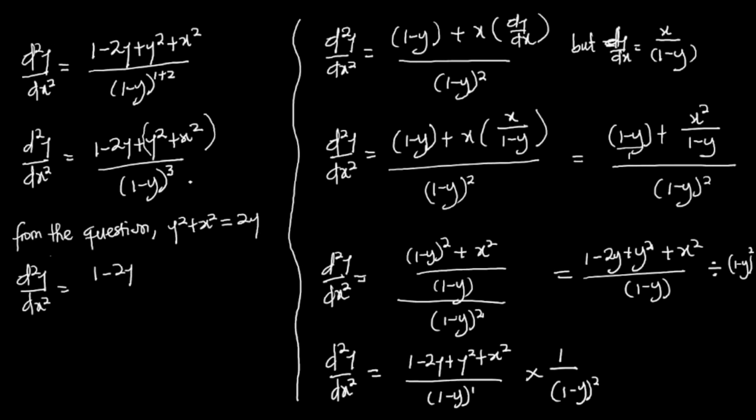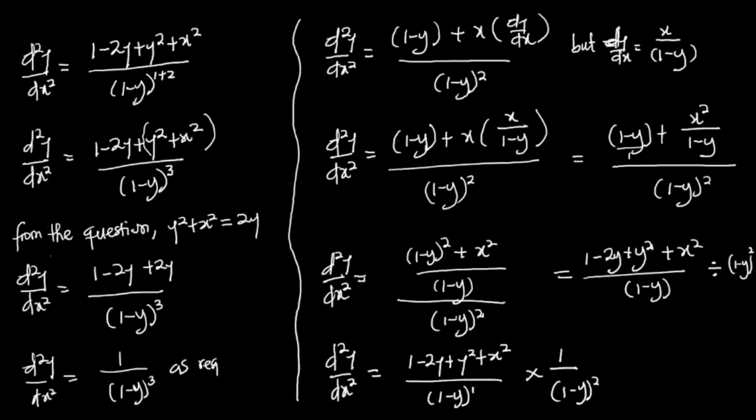Then the whole of this guy becomes plus 2y, all on 1 minus y raised to the power cube. So finally, our d squared y on dx squared will be equal to negative 2y plus 2y will give us 0. So we have 1 on 1 minus y raised to the power 3 as required.